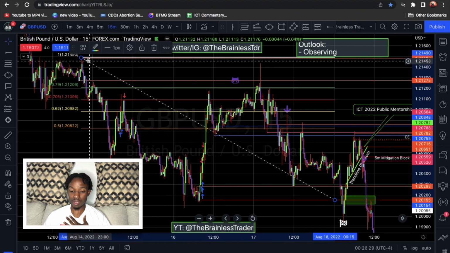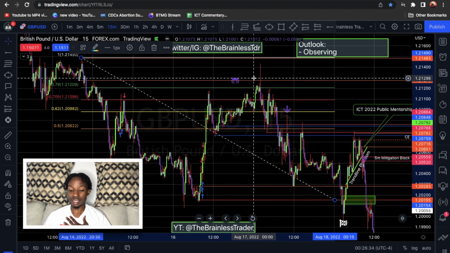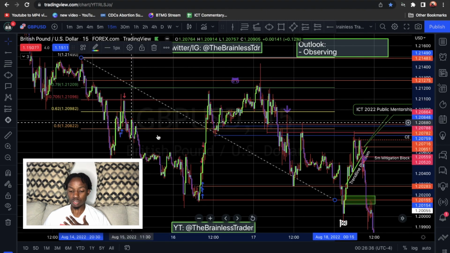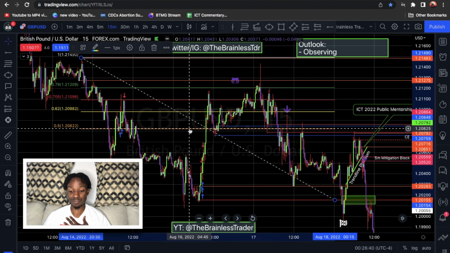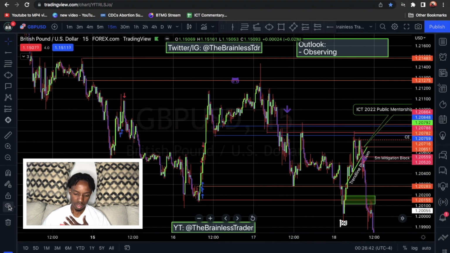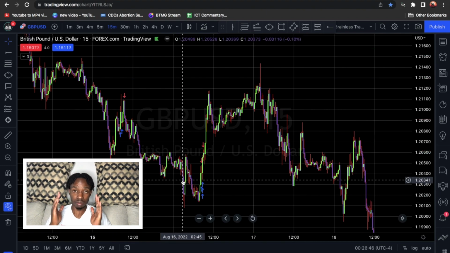So right off the bat, we have most recent high, most recent low. We see price retracing back up into this range, and we're looking for opportunities to sell once price gets above that 50% line. So just from a basic standpoint, we already know where we're supposed to be looking in the market, correct?